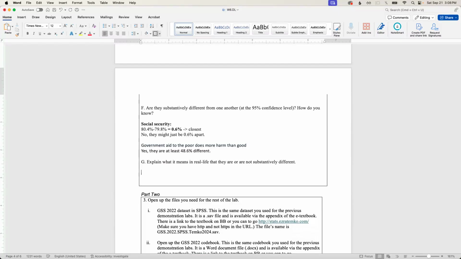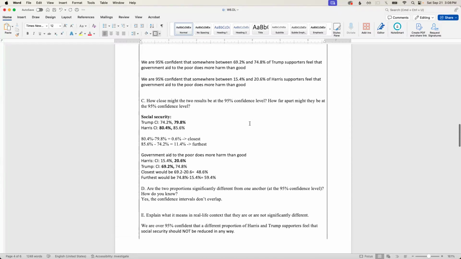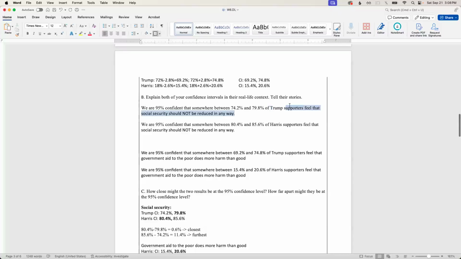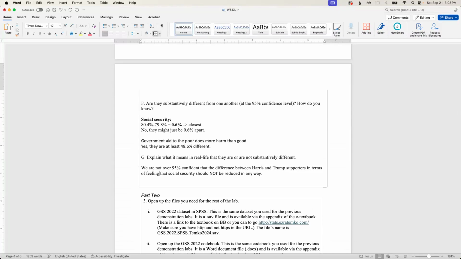So what does this mean? For the first one, we are not over 95% confident that the difference between Harris and Trump supporters in terms of feelings about whether Social Security should be reduced in any way are sizably different, meaningfully different in scale and scope, substantively different.